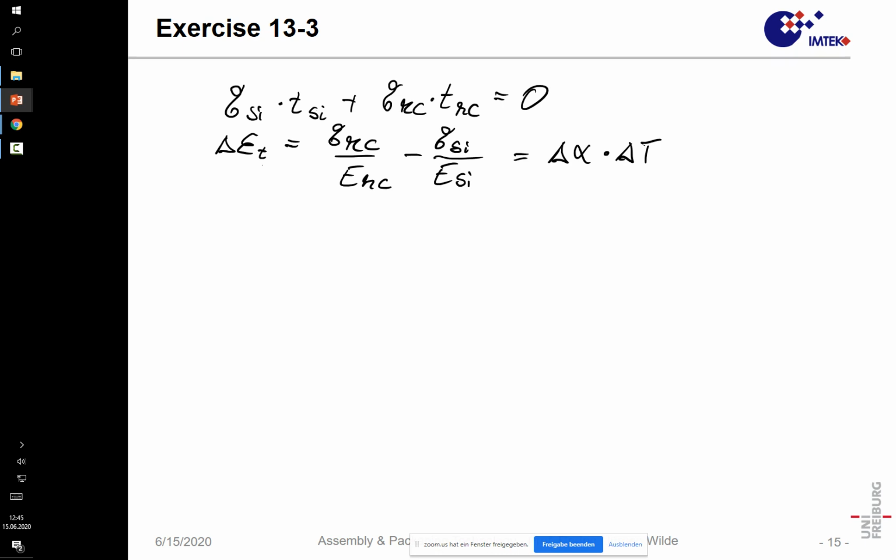Okay, how shall we resolve this formula? We are interested in the silicon.